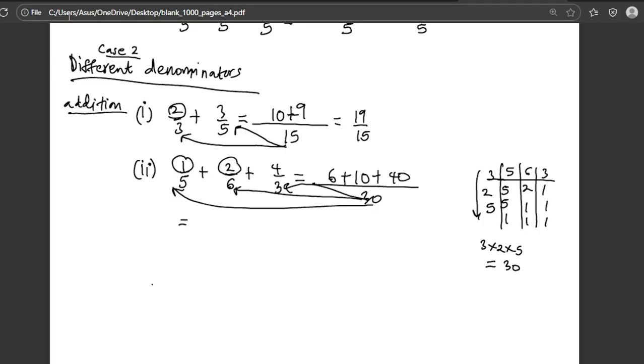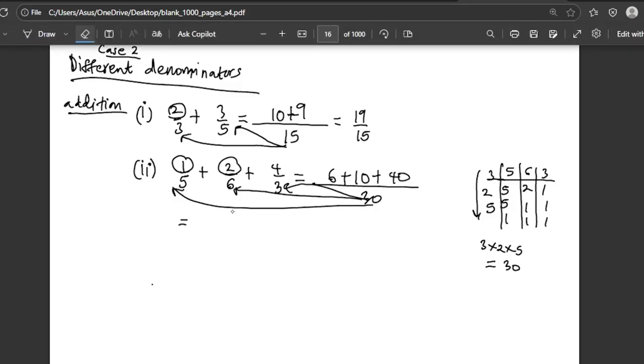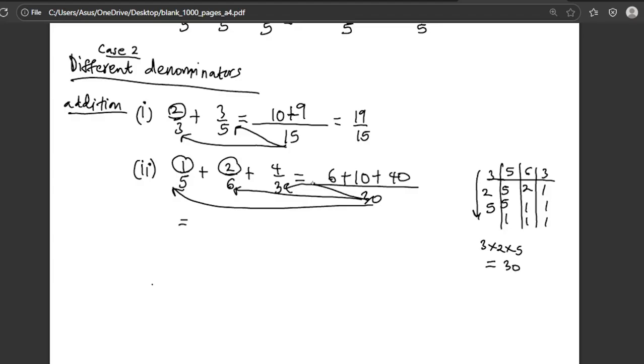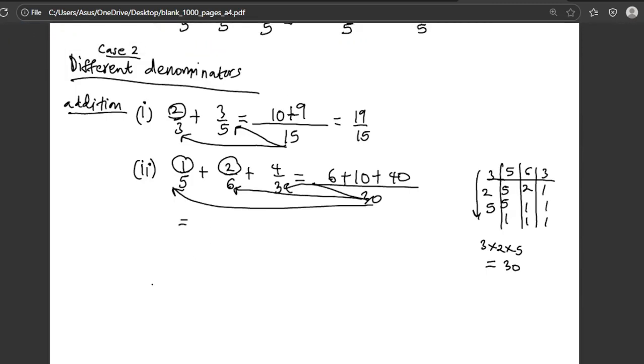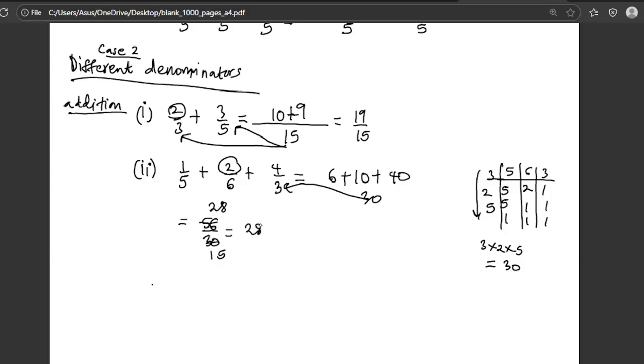Then we complete the solution by adding the numerators: 6 plus 10 is 16, plus 40 is 56. We simplify: 56 over 30 is 28 over 15, the final answer.